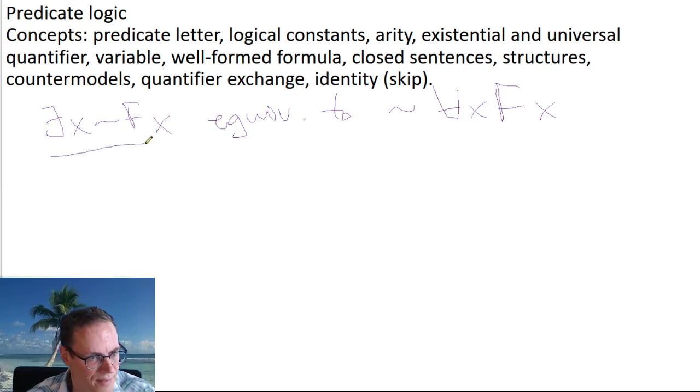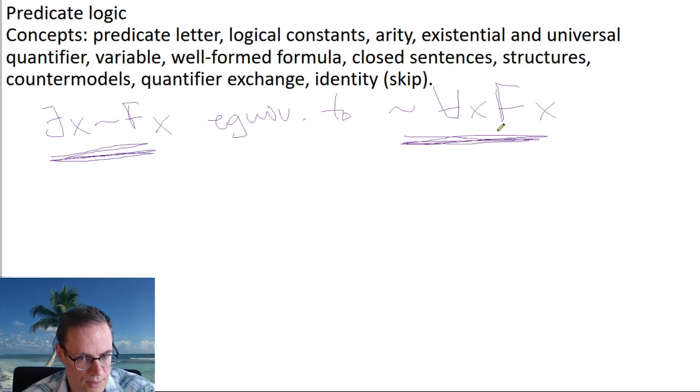Well, that says the same as it's not true that everything is f, right? If it's not true that everything is f, then there must be a counterexample. There must be something that's not f, which is what is said over here. So there is something not f is the same as saying not everything is f. Okay.